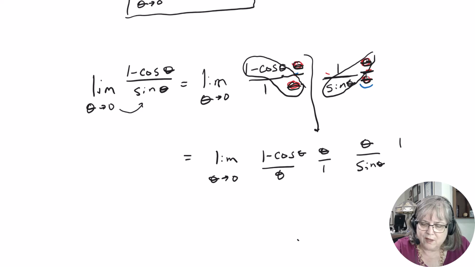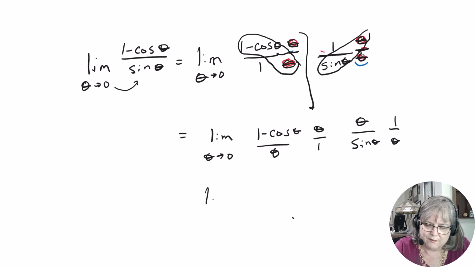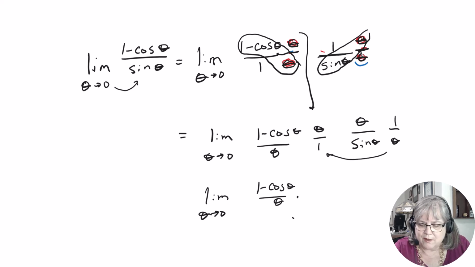And what's left over here is this 1 over theta. So when you pull these together, you've got 1 minus cosine theta over theta. Pull this one over to here, or pull the other one the other way. You get theta over sine theta.